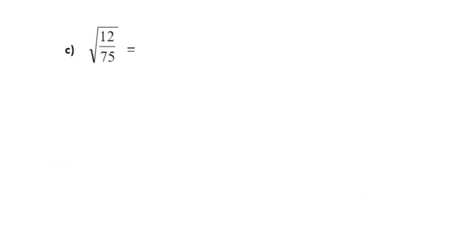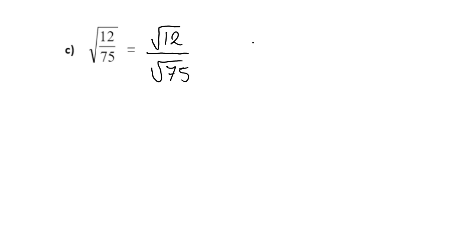Okay, the third example, we have the square root of 12 over 75. So what we're going to need to do is actually split these individually. The first thing from rule 1 is that we can change that full square root into two individual square roots, the square root of 12 over the square root of 75.